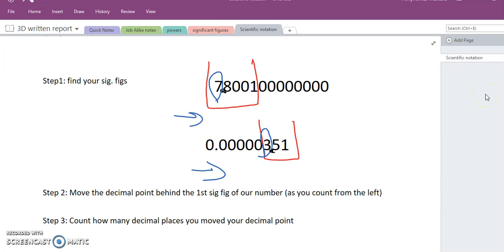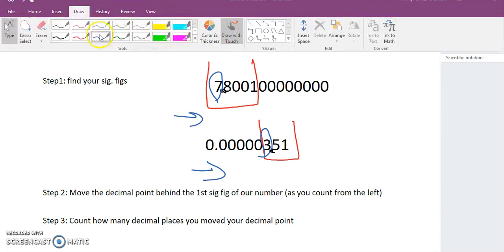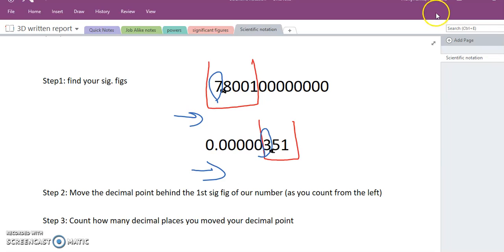In my big number over here, I started right here, and then I moved 1, 2, 3, 4, 5, 6, 7, 8, 9, 10, 11, 12 spots.